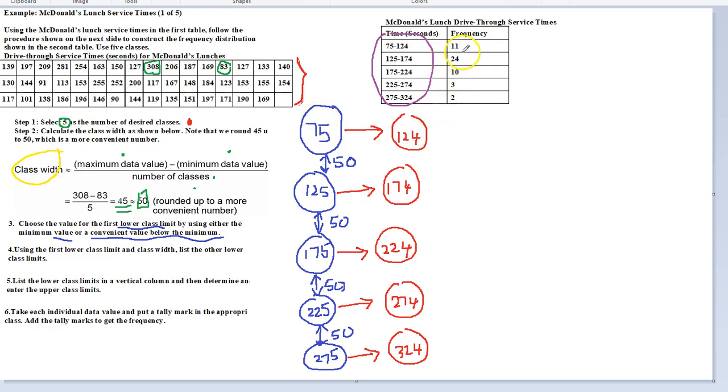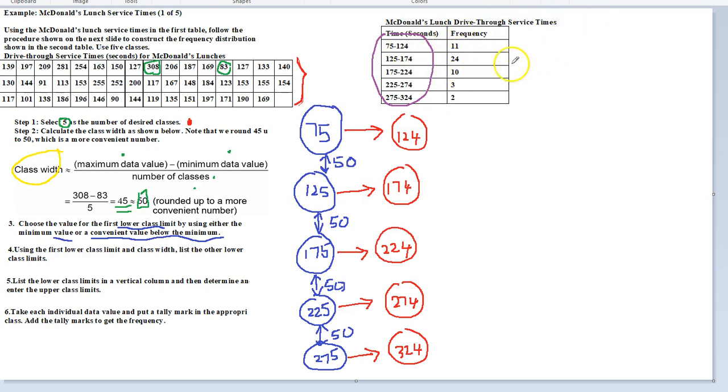So you have to count them. There are 11 vehicles that waited between 75 seconds all the way up to 124 seconds. Then we have 2 vehicles that waited between 275 seconds and up to 324 seconds. So you just count the number of vehicles that waited within each time frame, and that's going to be your frequency.